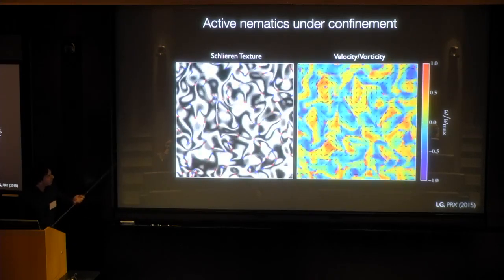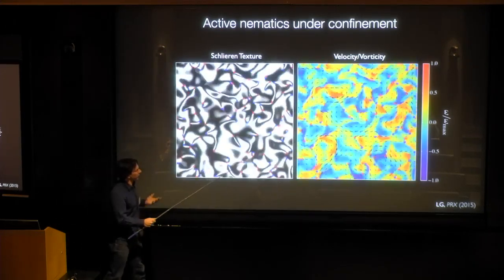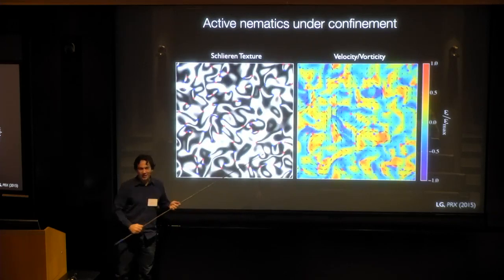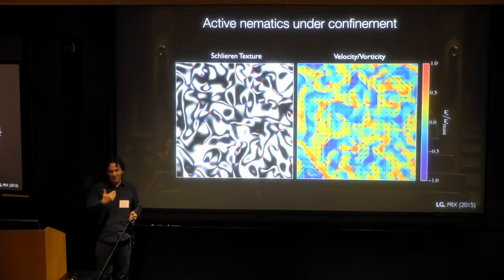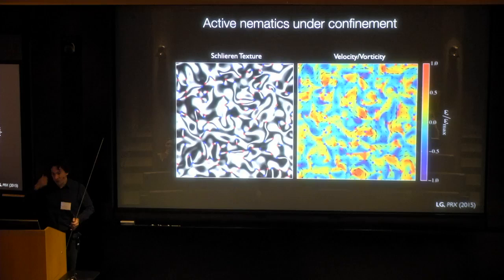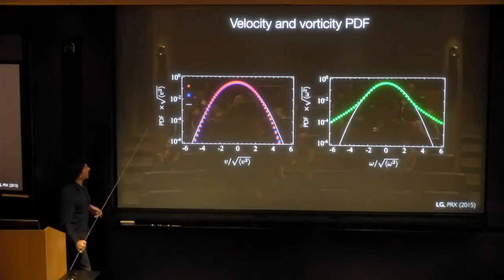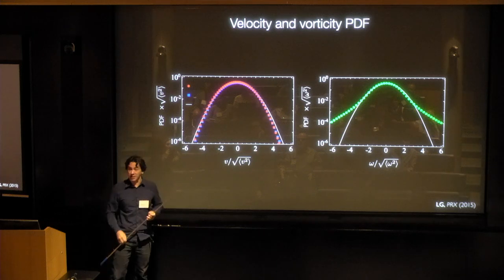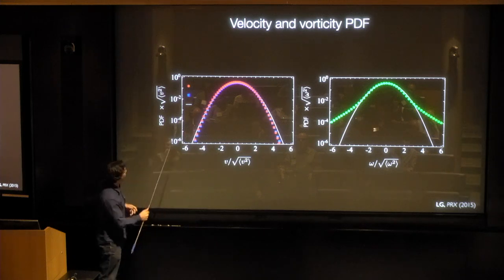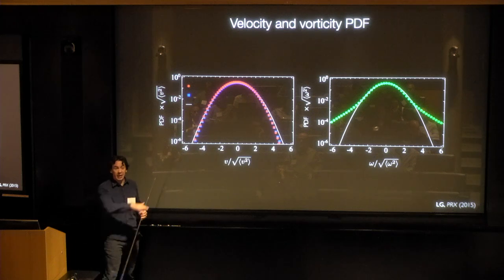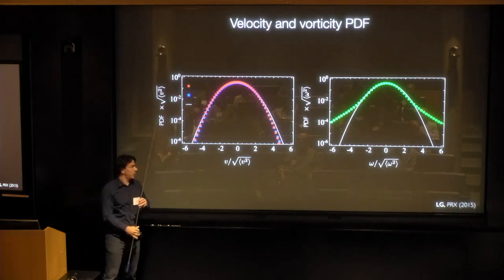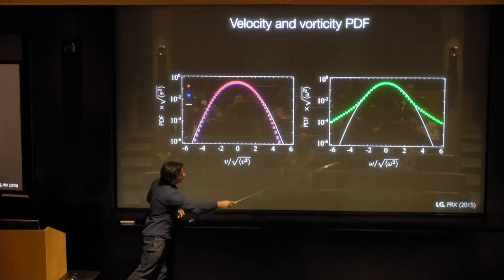All right, so the first thing that one can do, first to check whether the name turbulence, active turbulence, defect turbulence is an appropriate one, is to calculate the probability distribution function of the velocity and the vorticity. And sorry, I forgot to put the labels here, but these are the x and y components of the velocity field. Everything is strictly two-dimensional here, and this is the vorticity field, okay?